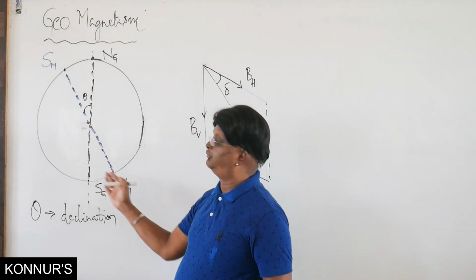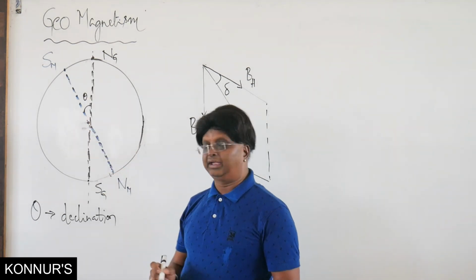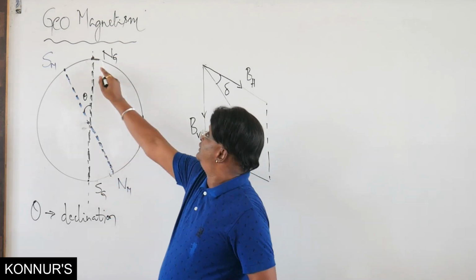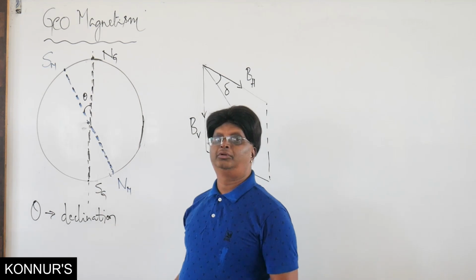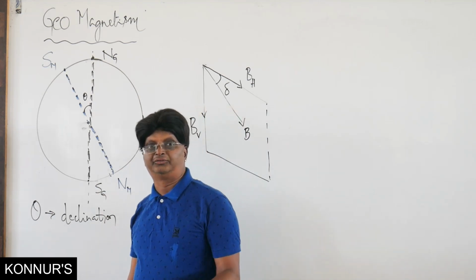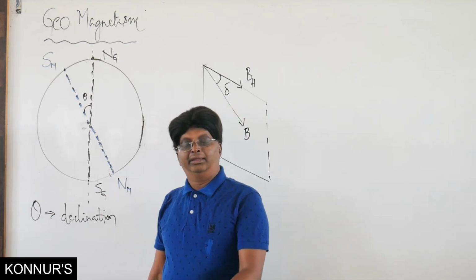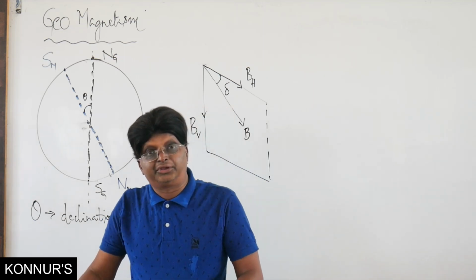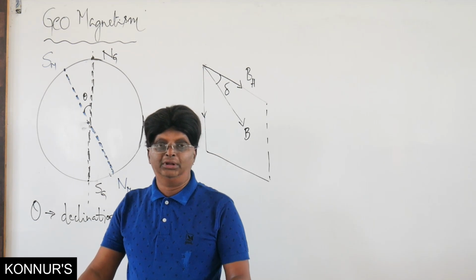Earth as a globe, when we consider, first let us say this is geographic north and this is geographic south. The north pole of the magnet and south pole of the magnet with respect to its geography. Now, when it is acting as a magnet, it has its magnetic north pole and magnetic south pole.